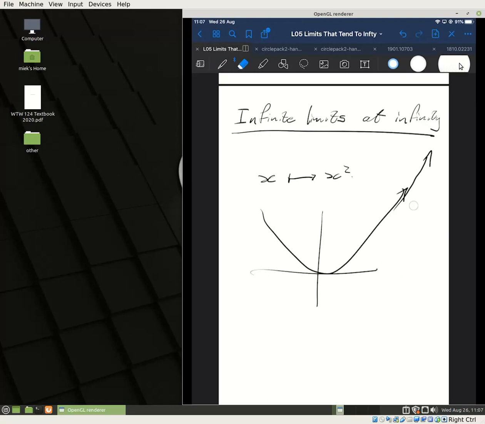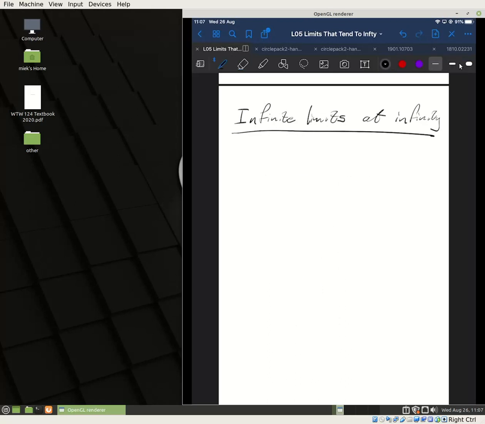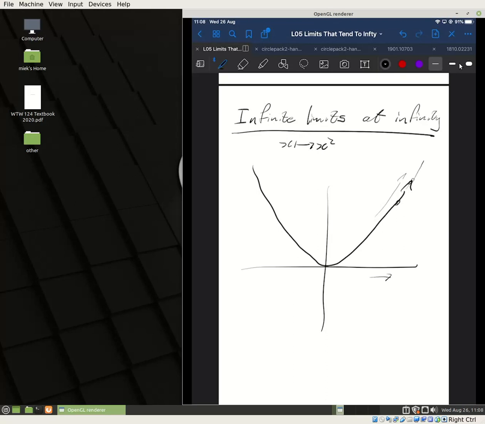So now what we want to do is rigorously define what we mean by infinite limits at infinity. Before we give the rigorous definition, let us give an intuitive reasoning behind it. We want to say that as x tends to infinity, the values, for example x squared, tend to infinity.